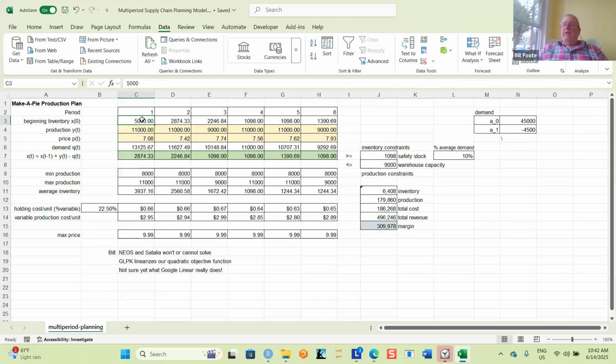So we have a beginning inventory in a 9,000 unit warehouse, another capacity constraint. We have maximum production. We only have so many machines and assembly lines making so much of whatever it is we're making. And that was also part of this week, looking at a process line. It's a little bit like a mini supply chain.